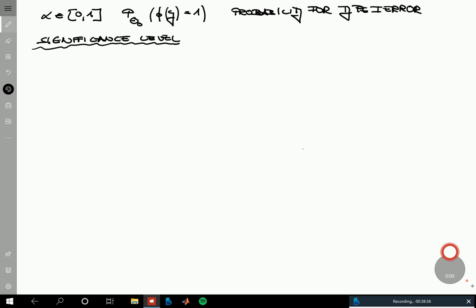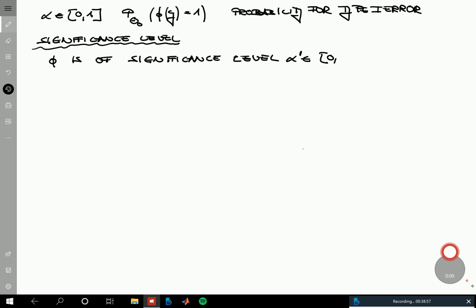Let's define it. Phi is of significance level alpha prime.